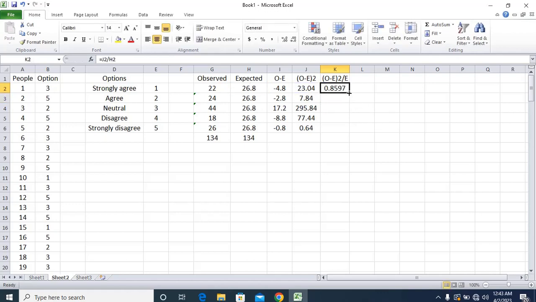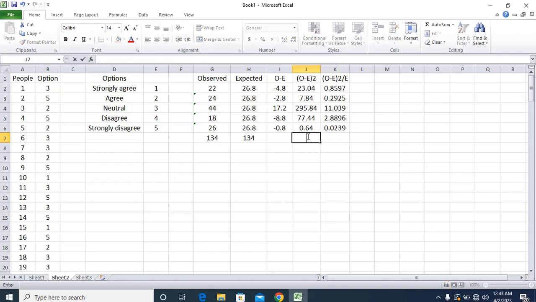Now you can see over here the observed minus expected squared divided by expected. So what will be the chi-square value? The chi-square value will come from the addition of all these.